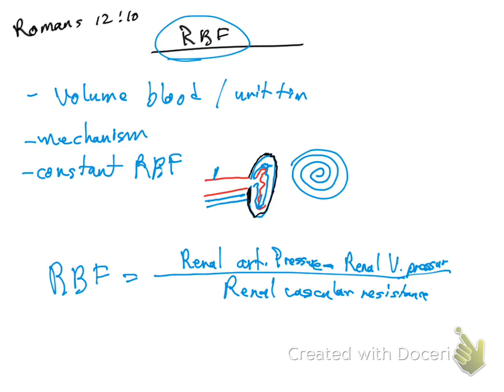So let's just go more simple. Basically, remember that the renal blood flow is the complete blood volume. All this complete volume is going to flow through the kidney per unit time. Now we switch to the renal plasma flow.